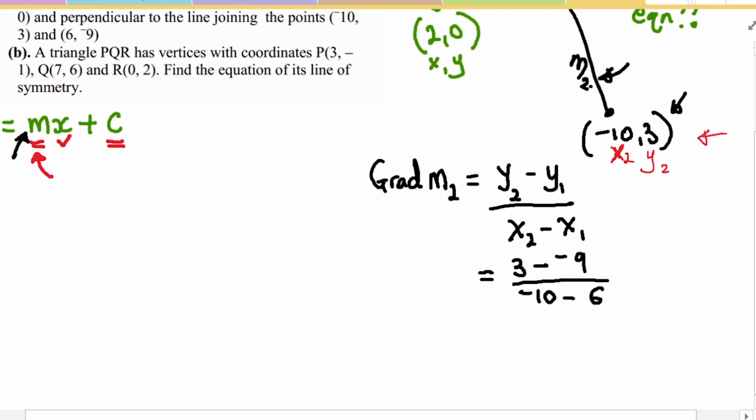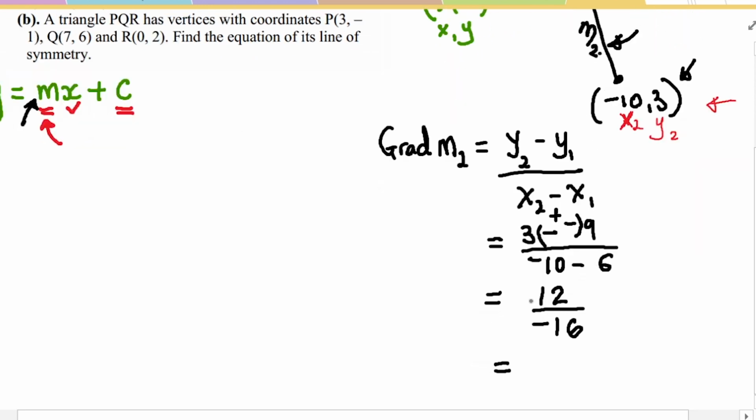And of course from there we can see that 3 minus -9 is going to give us 12, because these two negatives become positive. 12 divided by -10 minus 6, giving us -16. When we simplify that, by 2 gives us 6, by 2 gives us 8, by 2 is 3, by 2 is 4, so it's -3 over 4. -3 over 4 is the gradient.